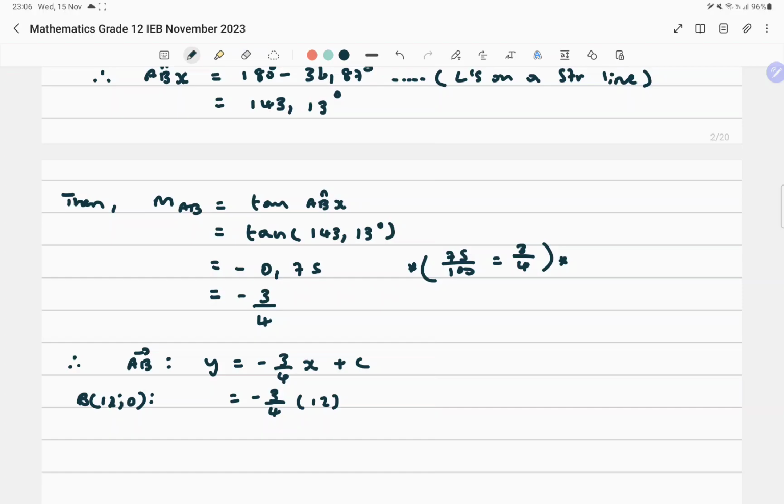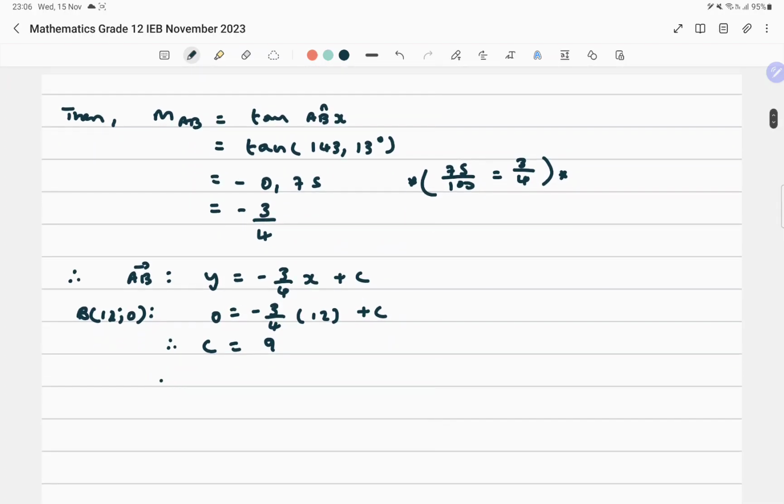This should be 0, plus c. And therefore our c is, now 12 divided by 4, that's 3. 3 times 3 is minus 9. 9 to the other side is just 9. Okay, so that's it. Therefore our equation for AB is essentially y equals minus 3/4 x plus 9. That is the equation of the line.